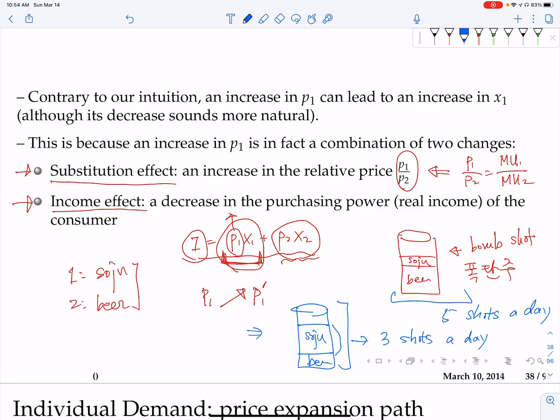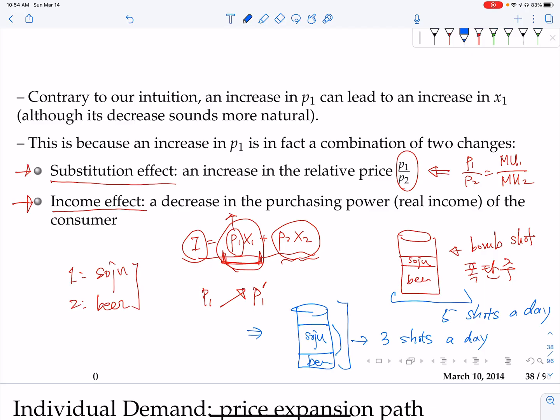But the increase in the potato price basically made them so poor that instead of consuming more meat, they resorted to an inferior nutrition source, which is potato.